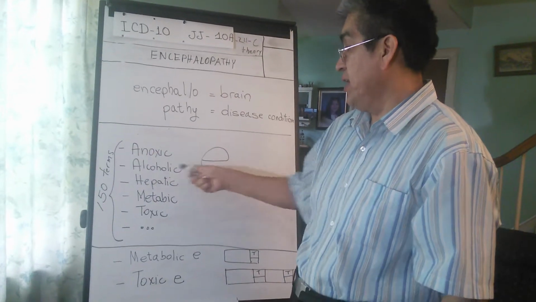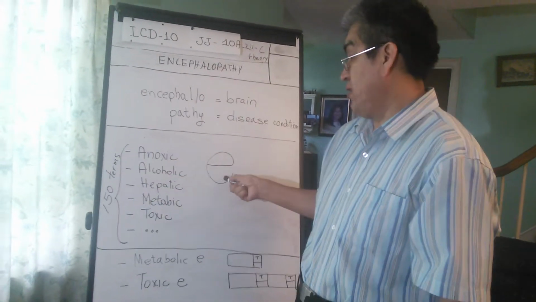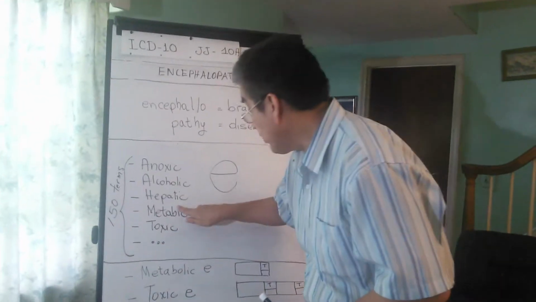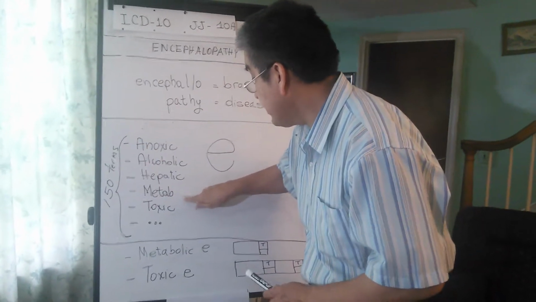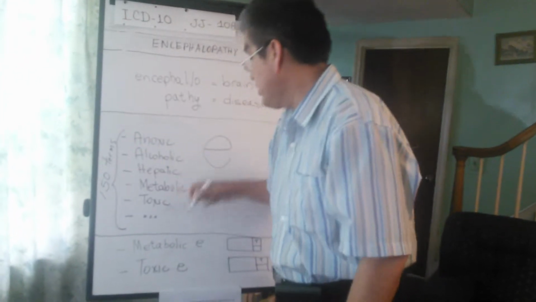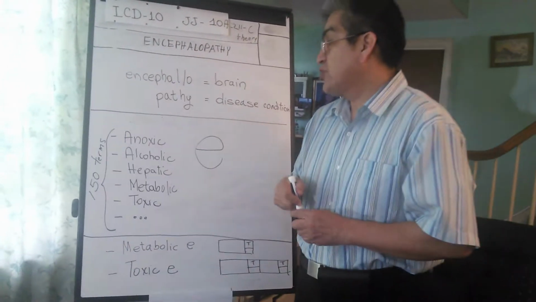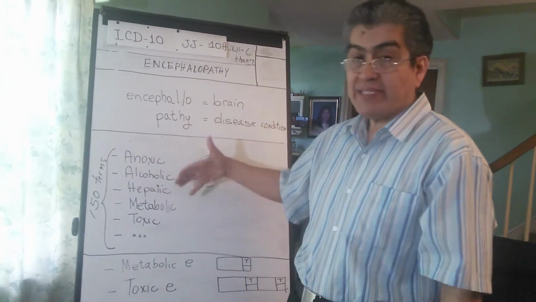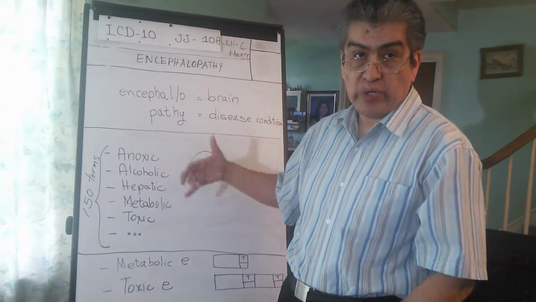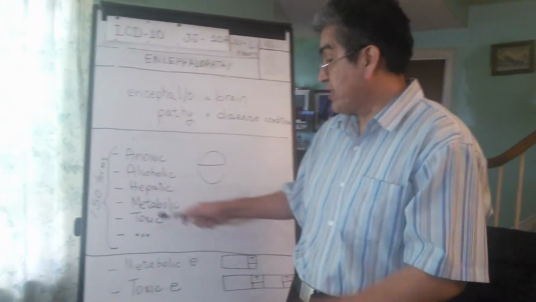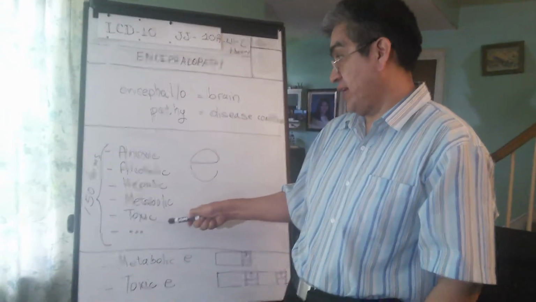Then it could be alcoholic encephalopathy, hepatic encephalopathy, metabolic encephalopathy, and toxic encephalopathy. So there are 150 terms. Of course, we're not going to do them all, but basically the way to code it is the same as the two examples that we're going to do here. We're going to do metabolic and we're going to do toxic.